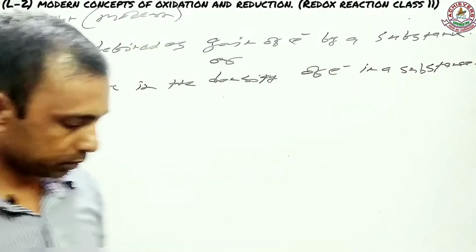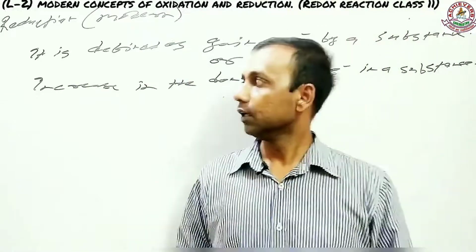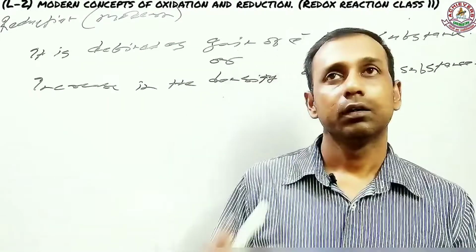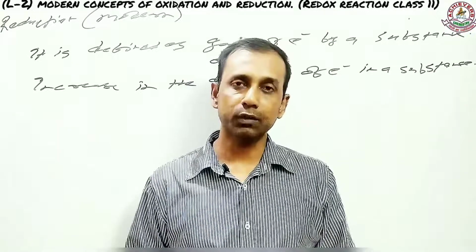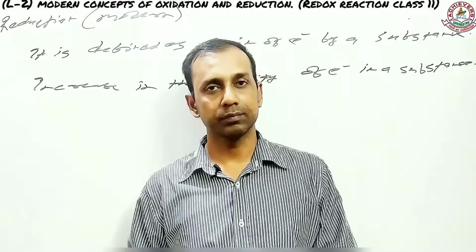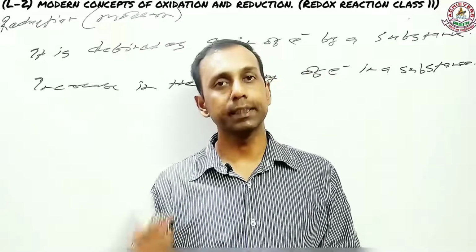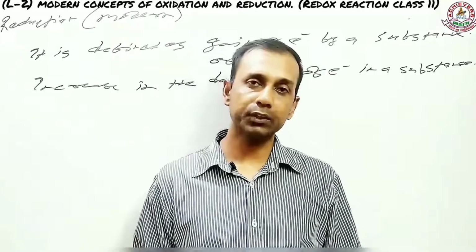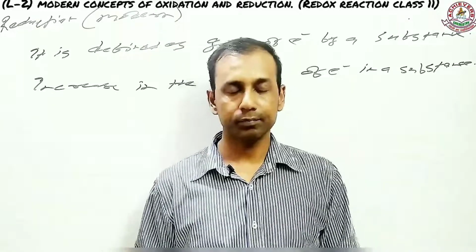So these are some of the methods you can define oxidation and reduction. So overall, as per the modern concept, loss of electron is oxidation, gain of electron is reduction. If there is loss of electron, density of the electron will decrease. If there is gain of electron, density of electron will increase. That's the whole thing. That's it.